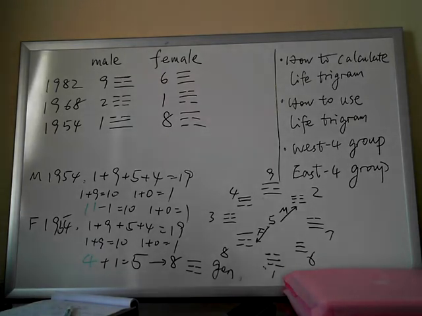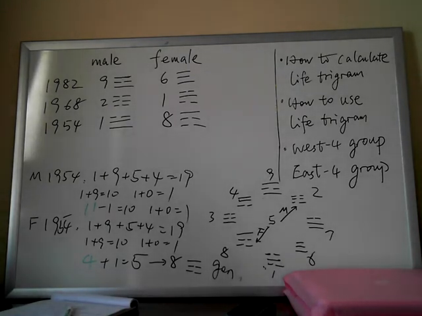So what's the use of this life trigram? I just used 3 examples to illustrate how to calculate it. Now we go to the topic about how to use it. It's actually used to determine the auspicious orientation of a person.